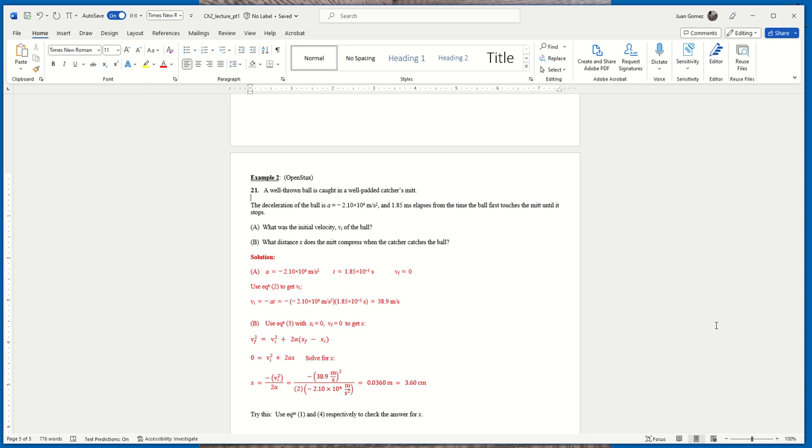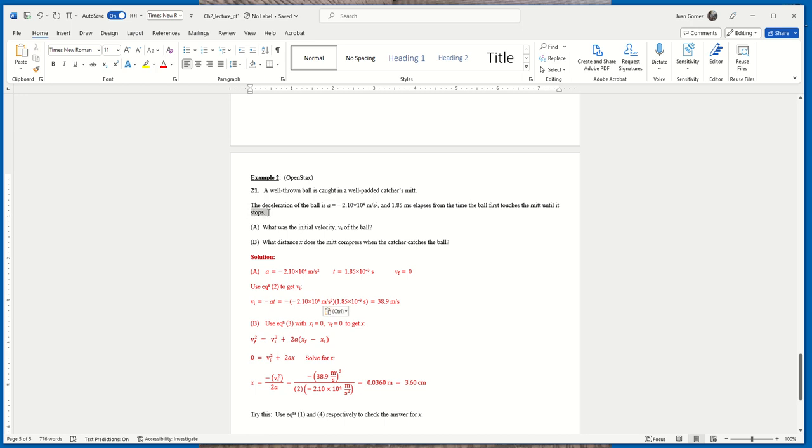So the catcher's mitt causes the ball to slow down, i.e. to decelerate. The deceleration a is minus 2.1 times 10 to the 4th meters per second squared, and it takes 1.85 milliseconds, 10 to the minus 3rd seconds, from the time the ball first touches the mitt until it stops.